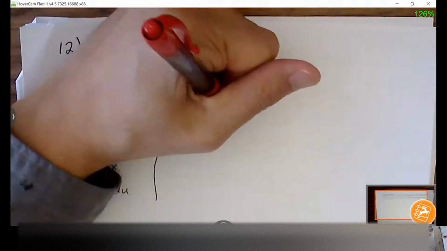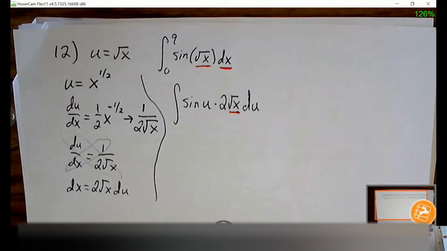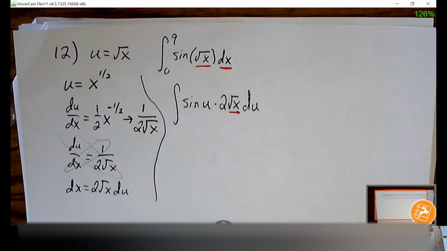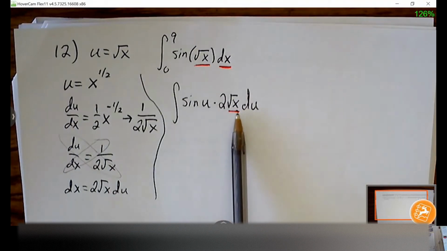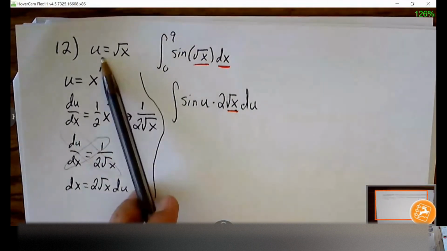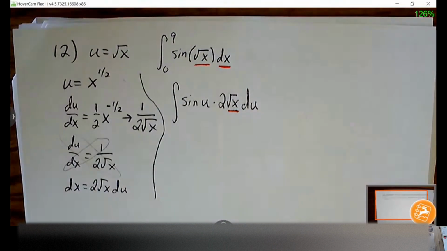So we've got to resolve this, right? How do you think we can take care of that root x? Is there something that we can replace root x with? We know they're equivalent, so we can just go ahead and replace that root x with u.